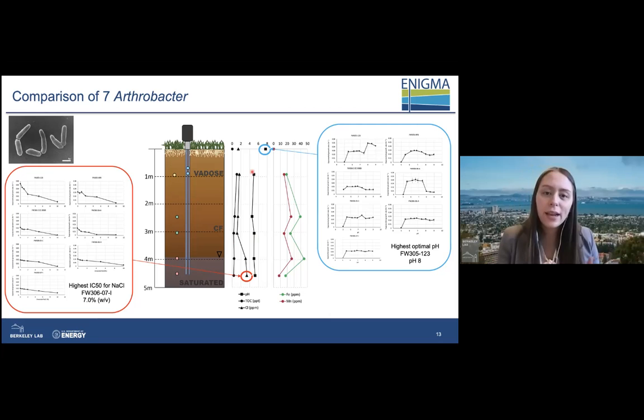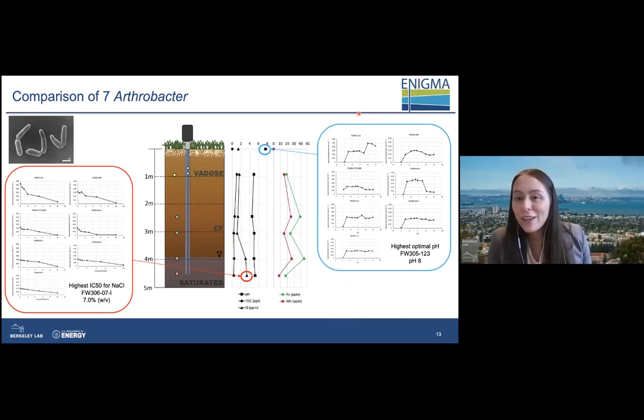We had pretty consistent pH down the sediment column, but the groundwater pH was closer to 8, as opposed to the roughly 5.5 pH of the sediment. And again, similarly, we found that the highest optimal pH was found in groundwater isolate 123 up here.